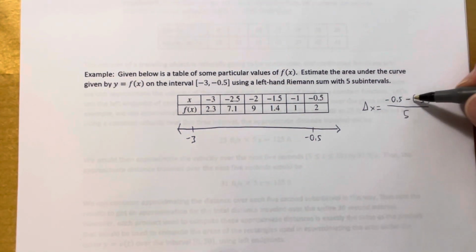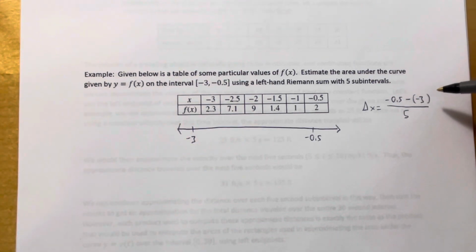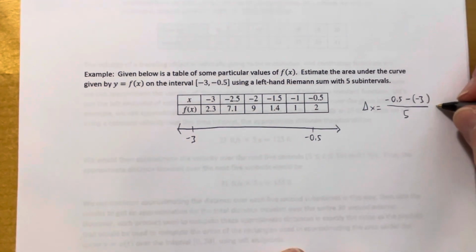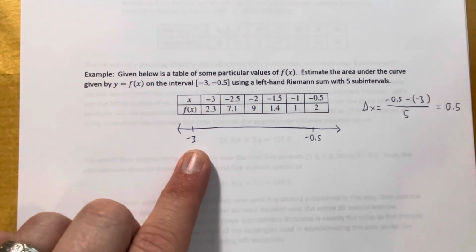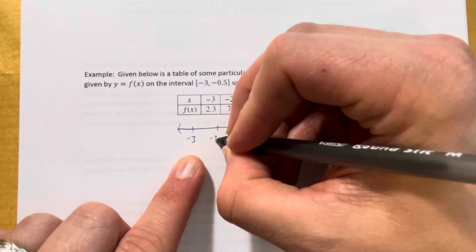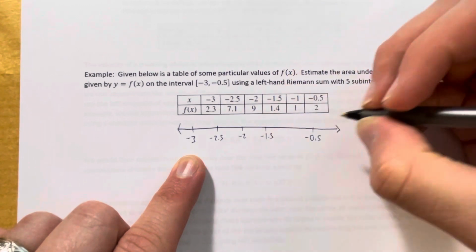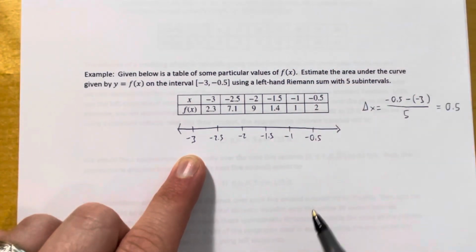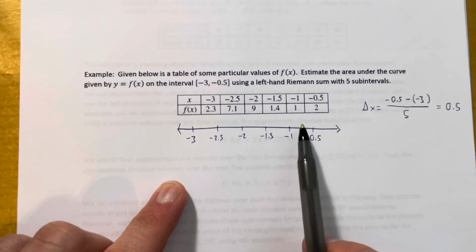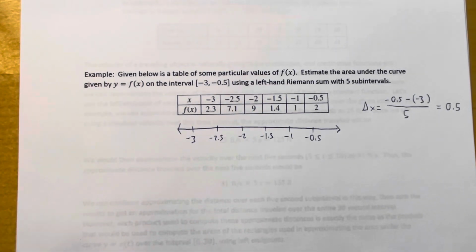So when you do this subtraction here, -0.5 minus -3, as the thing is plus 3, that's 2.5, divided by 5 is 0.5. So we count by 0.5s. That would take me to -2.5. Then -2, -1.5, -1, and notice I have 1, 2, 3, 4, 5 subintervals all together.